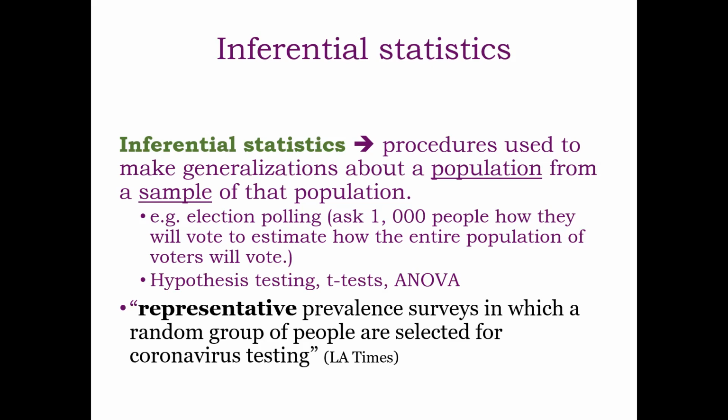We see this a lot in the popular press. We might see something like representative prevalence surveys in which a random group of people are selected for coronavirus testing. Think about that. There are some important terms here.